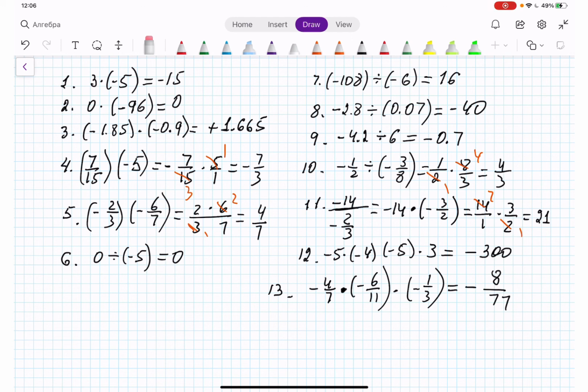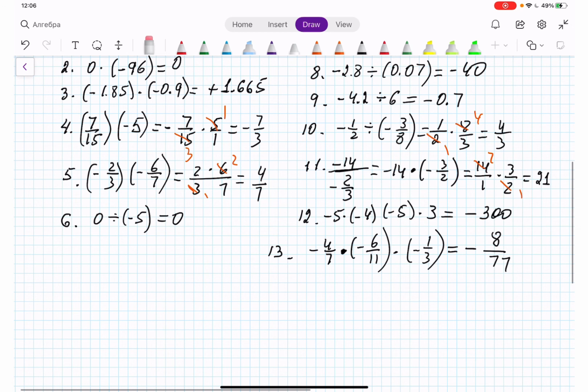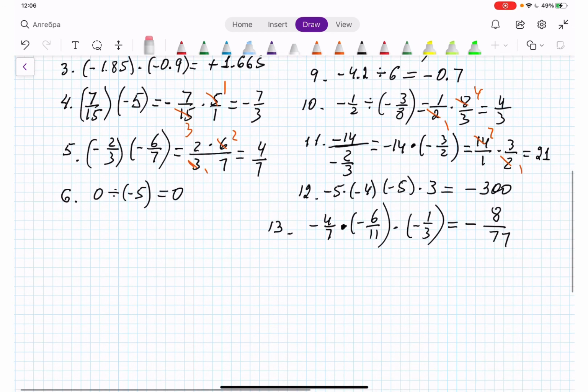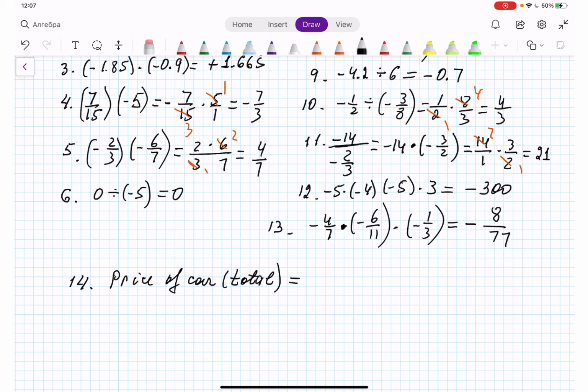And the last question, what do we have here? Word problem. A person will pay a car dealer a total of $11,820 for a car.